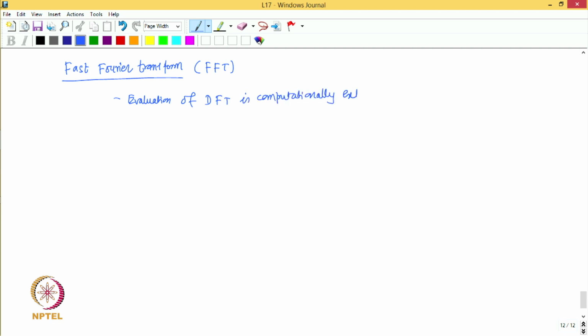The computational efficiency depends upon how many additions and multiplications need to be carried out to evaluate the DFT, and therefore the higher this number, the poorer the computational efficiency.